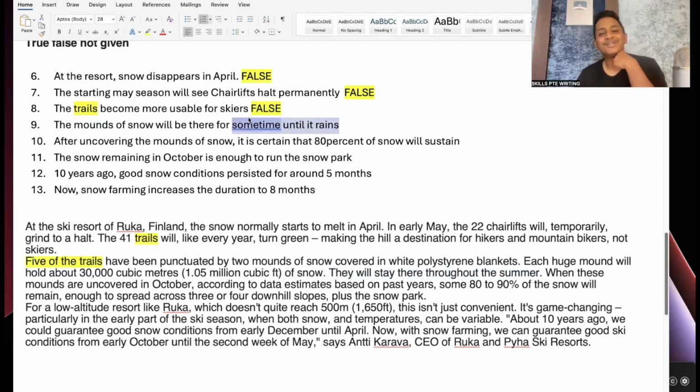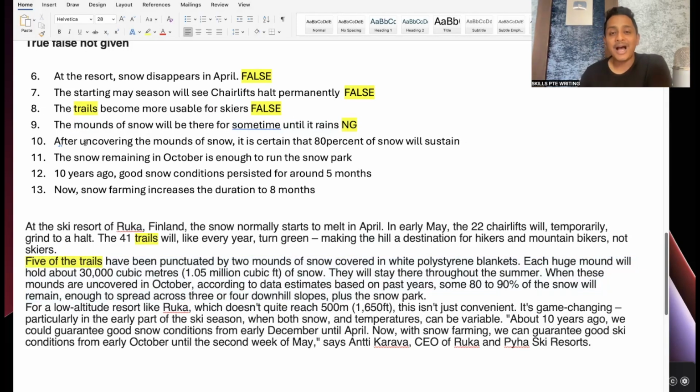We don't have information. We have only information till the end of the summer. But after that, winter season, spring could be rainy season. We don't have information. As a result, we will not be able to say anything about it. Not given is the correct answer. Hope you are getting it. About rains we have zero knowledge, zero information, so we cannot comment on it. When you cannot comment, it's going to be not given.